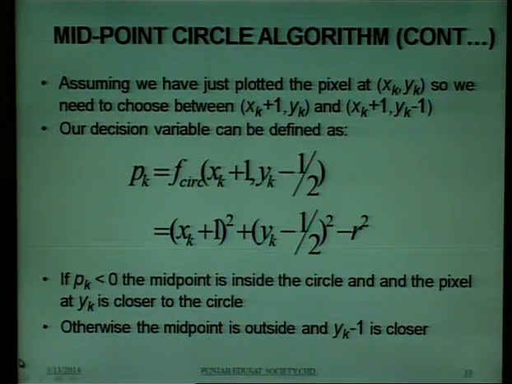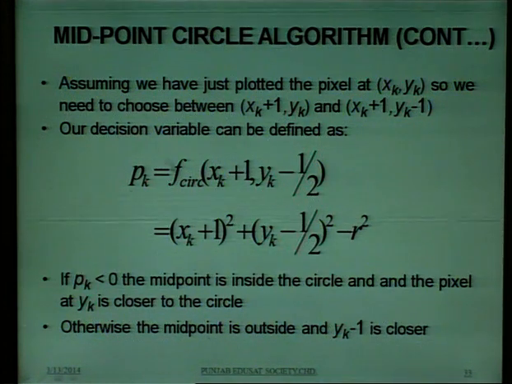So, assuming that we have just plotted the pixel at (xk, yk), we need to choose between (xk plus 1, yk) and the coordinate (xk plus 1, yk minus 1). Our decision variable can be defined as pk equal to f of (xk plus 1, yk minus 0.5), which is equal to (xk plus 1) square plus (yk minus 0.5) square minus r square.